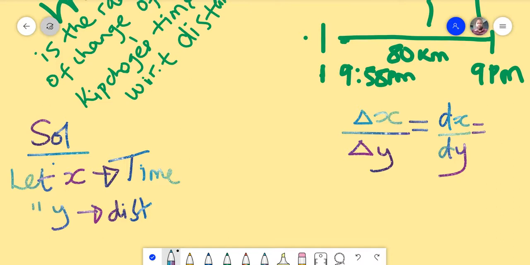So 58 minutes into an hour is 58 over 60, over the distance, which is 80 kilometers. So it's 80 kilometers. So what is the solution?